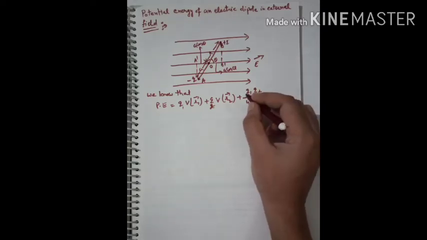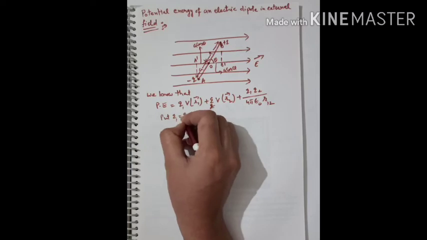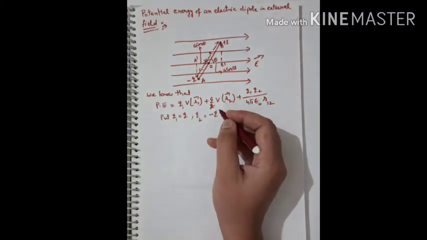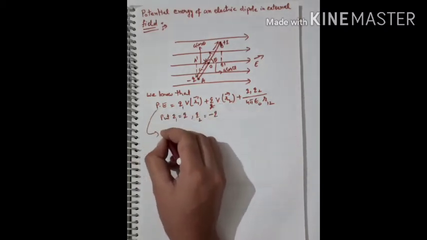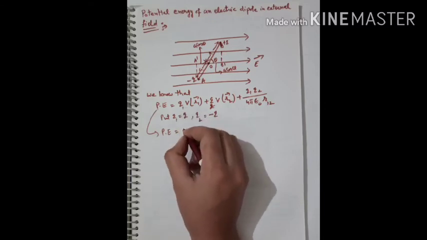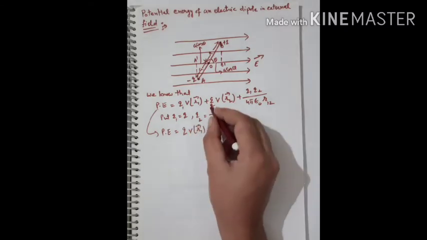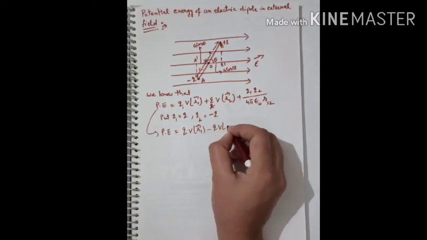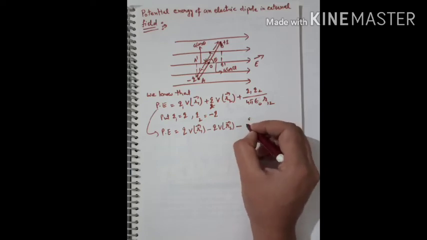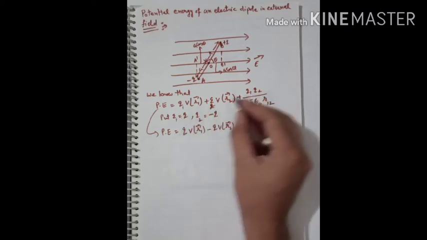So using this equation for this dipole, we will put q1 is equal to q, q2 is equal to minus q.